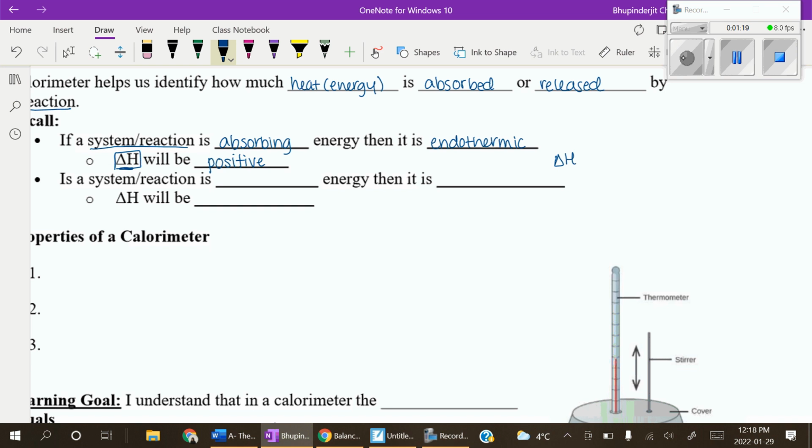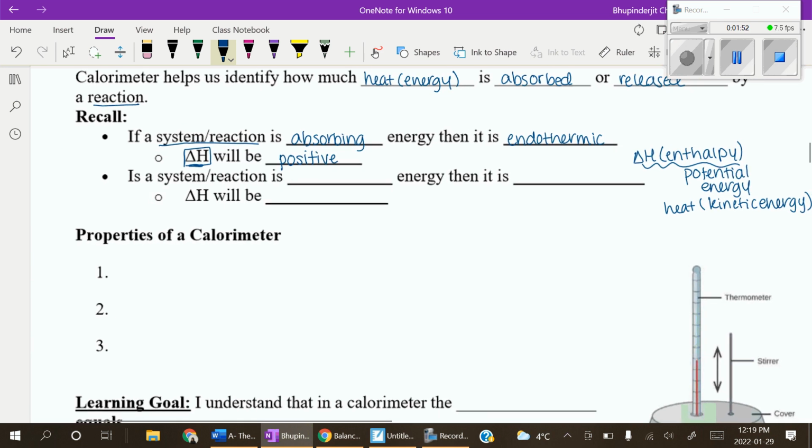Delta H means enthalpy. Enthalpy is going to relate to potential energy, whereas heat is going to refer to kinetic energy, which again will be measured through the change of temperature.